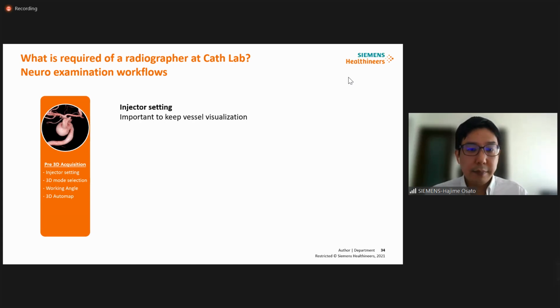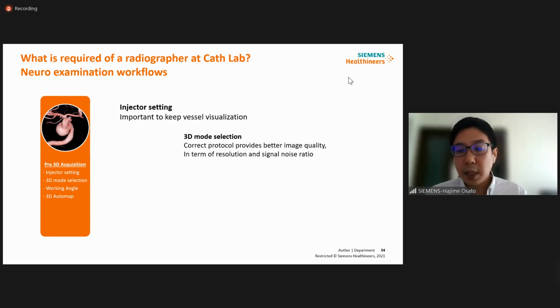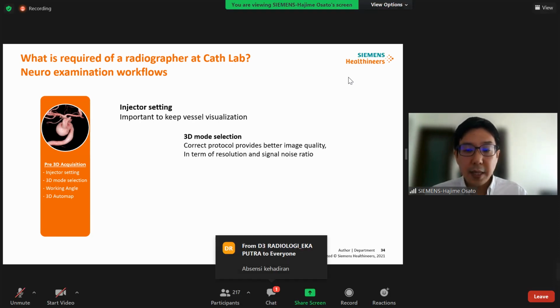All right. And 3D mode selection. We have several 3D protocols for each purpose, like high contrast imaging, low contrast imaging, and high resolution mode.